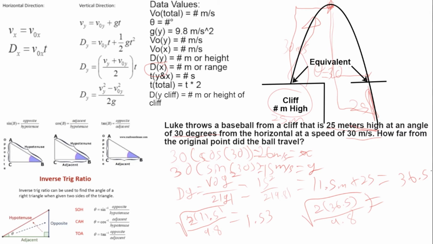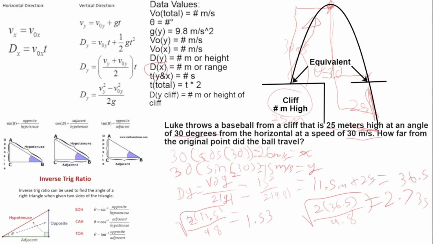So we do 2 times 36.5 divided by 9.8 and then square root whatever that answer is. We get about 2.73 seconds.